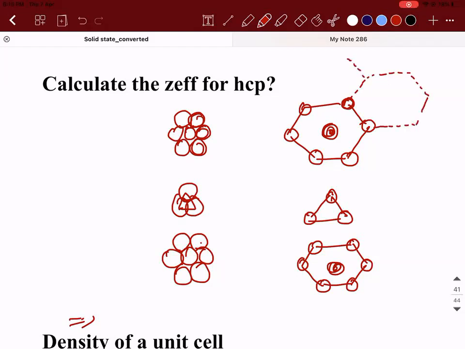This lattice point is connected to unit cell 1, unit cell 2, and unit cell 3.